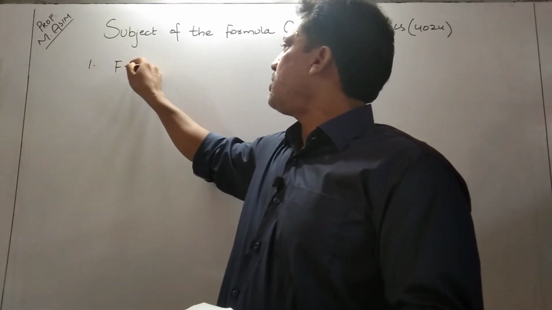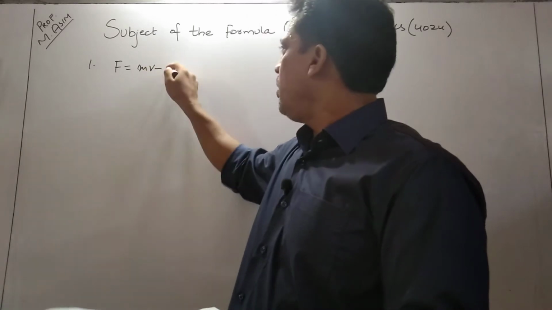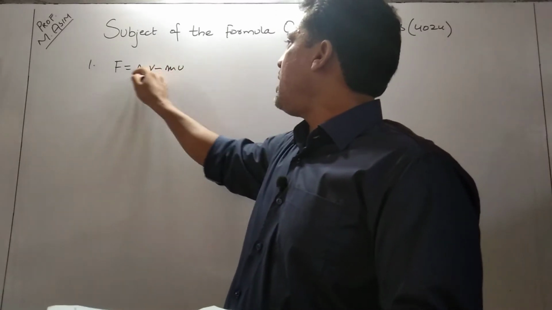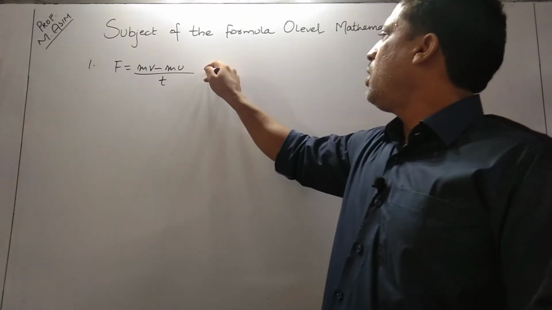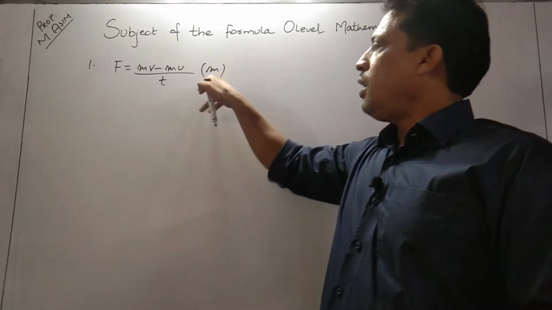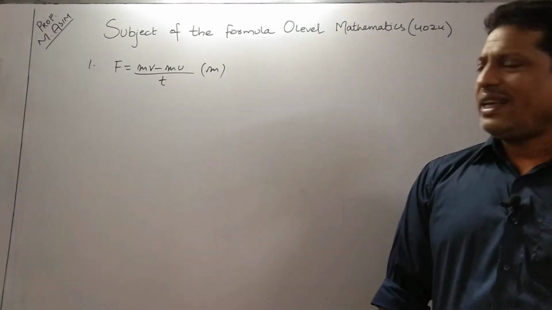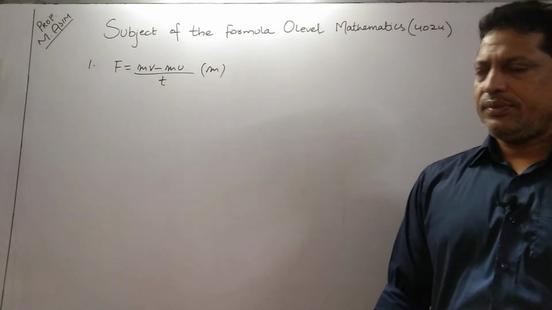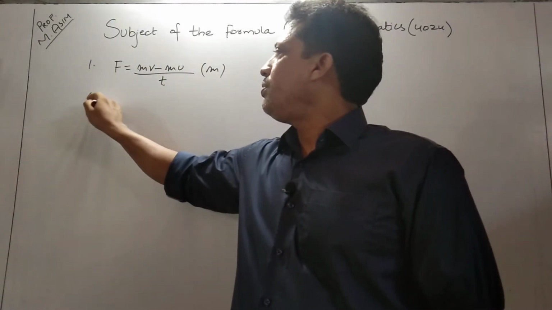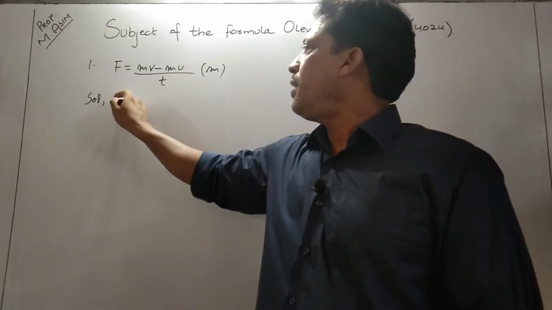F is equals to (mv minus mu) upon t. Bracket letter means the target. Our target is to make m the subject of the formula. Okay, solve. This t is divided, so this should multiply.